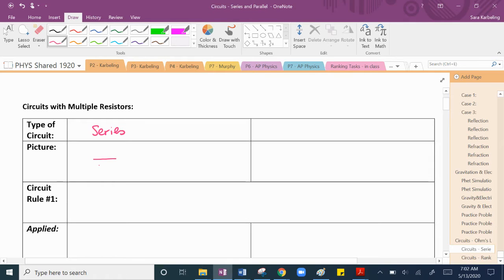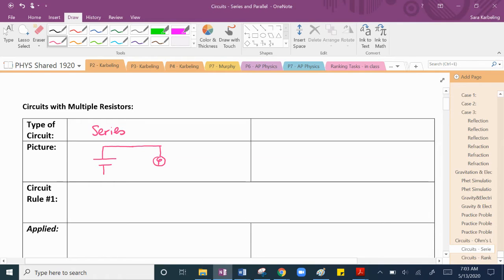It involves a battery. Remember we said last time that a battery looks like this, okay? And then we've got some wires, and then we've got multiple bulbs. We're going to do two of them. So I'm going to actually go like this. And one thing to know is that wherever you put the bulbs or the resistors on a circuit, it doesn't really matter.